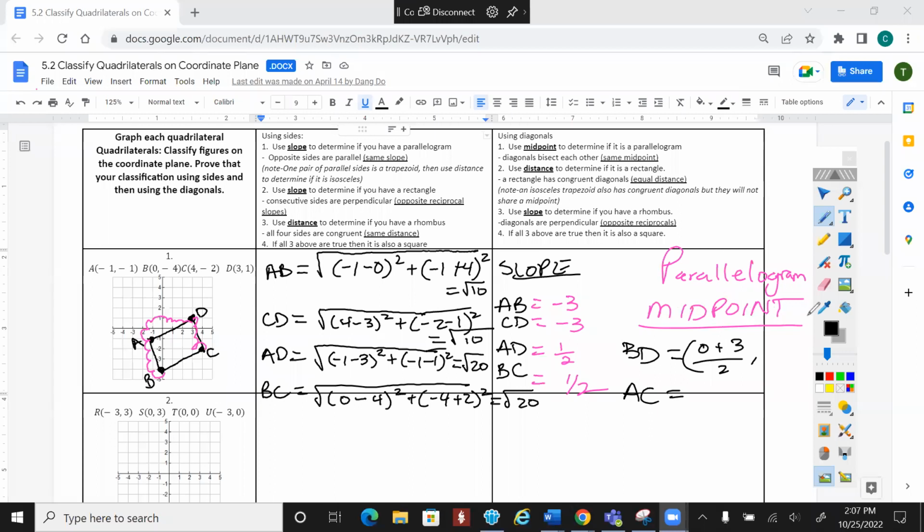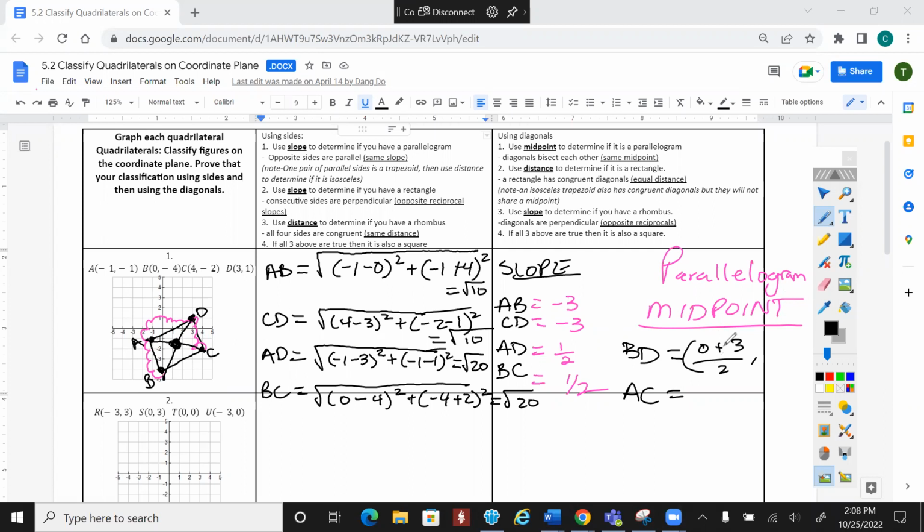So with the midpoint, what you're doing is you're finding the middle of these 2 diagonals. You're going to find the midpoint between the points B to D and A to C. You're going to realize that these are the same 2 numbers.